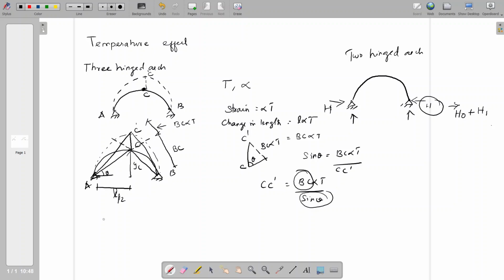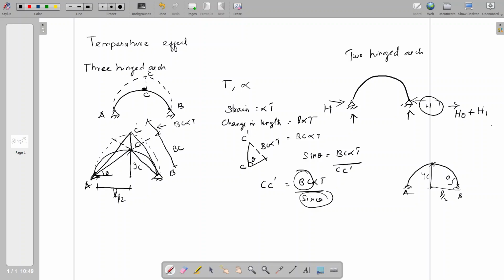For that, I am considering the overall triangle of this three hinged arch. This is hinge point A and B. This is YC, the depth is YC. Here L by 2, the horizontal, and theta here.